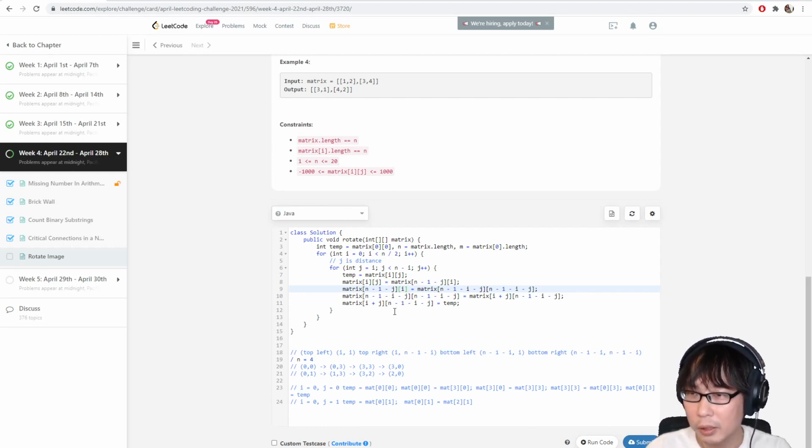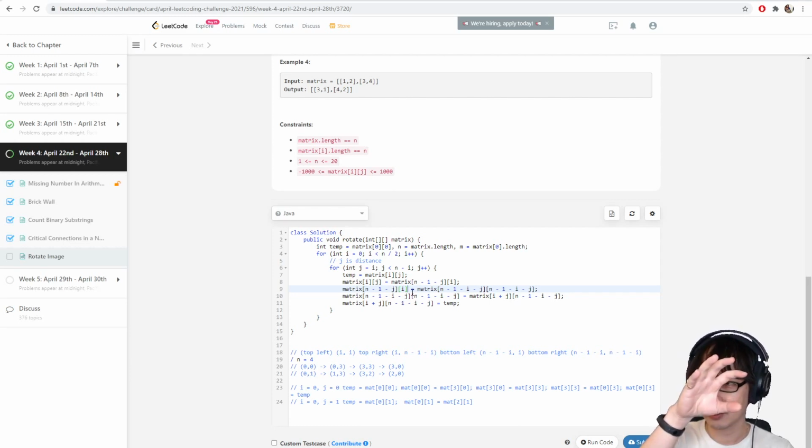Okay, so this one is, then I will need to move another one, so I move this one to there, right? Or not?